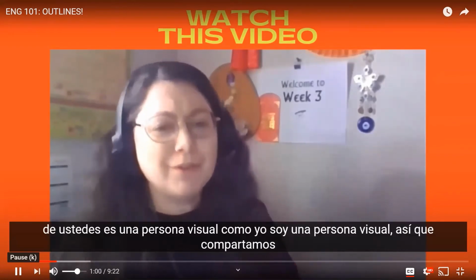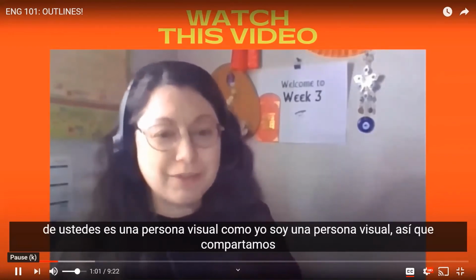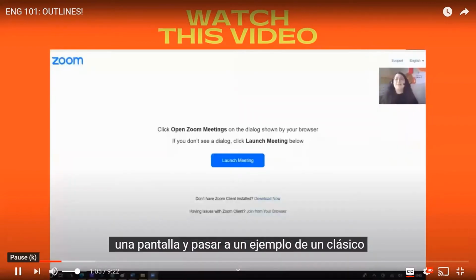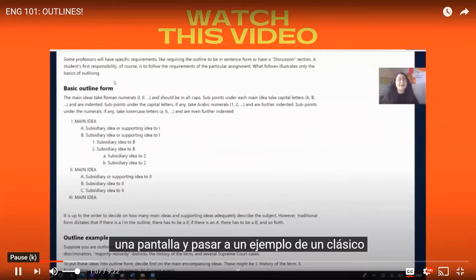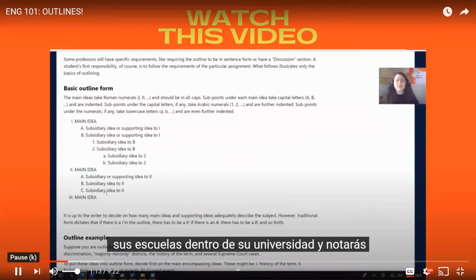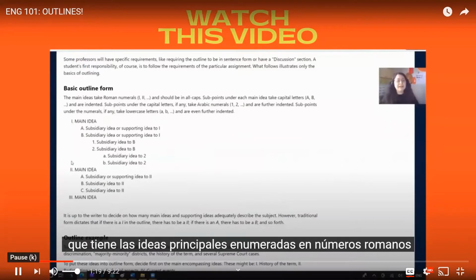Let's actually look. I know that many of you are visual people, like I am. So let's share a screen and move over to an example of a classic outline. This is a very classic outline from City University of New York. You'll note that it has the main ideas listed in Roman numerals for sections of the paper.